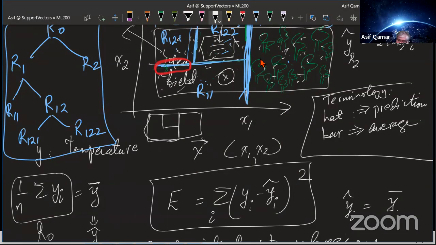Do you see that, guys? So you will end up with a non-rectangular region. This is your field. This is your house. And let me just say open field. And this is the trees.